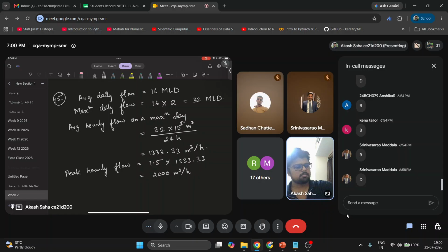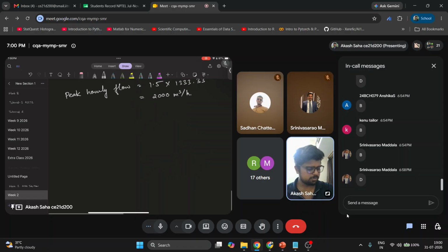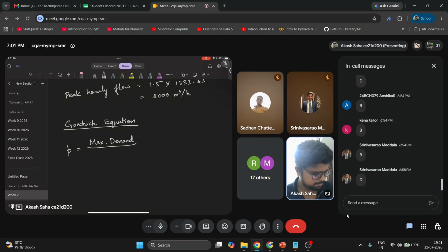So you can make note of this formula. This will be a little helpful. Generally, what we have is something called the Goodrich equation. It is a factor which is the ratio of maximum demand to average demand, and this is equal to 180 into t to the power minus 0.1.